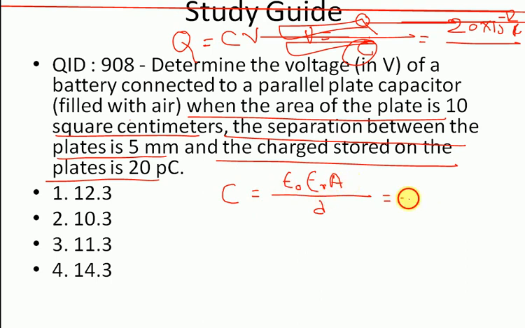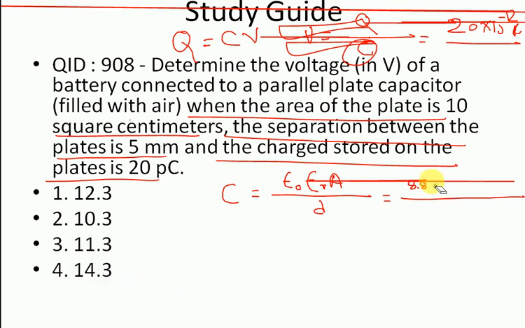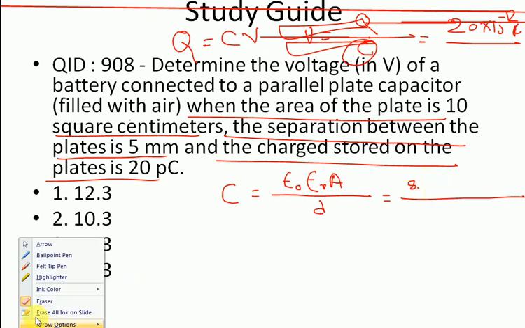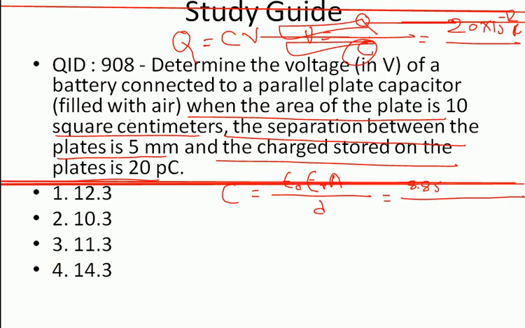What is the value of epsilon naught? 8.85. Okay, I don't know why it is so irritating.